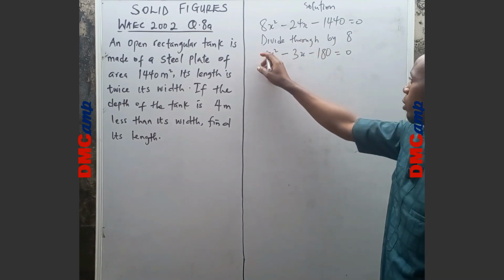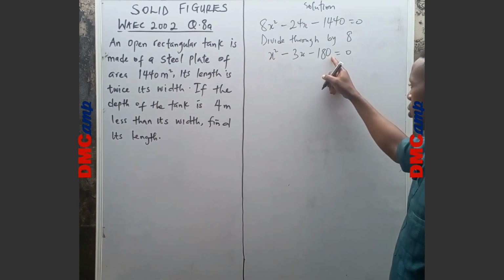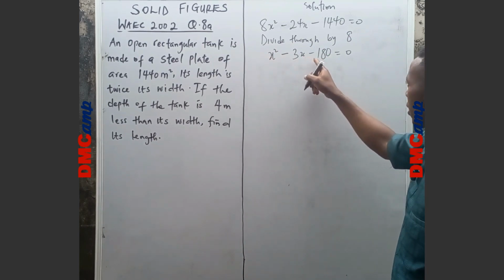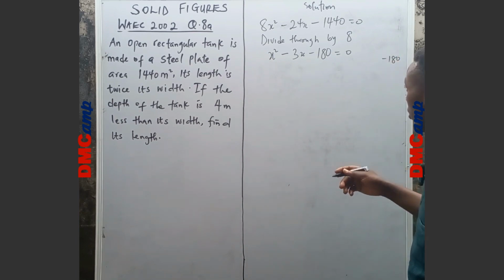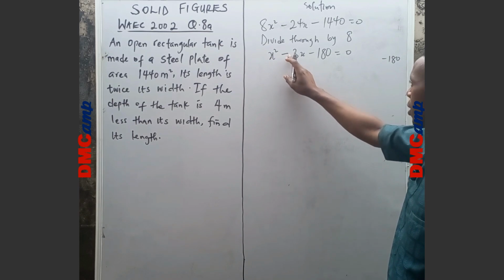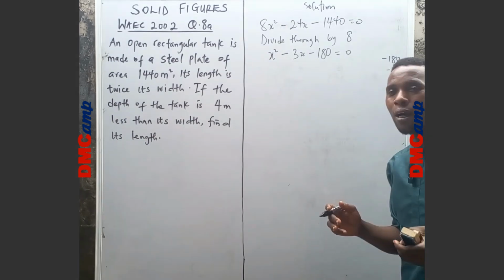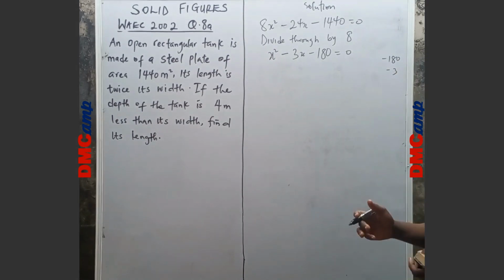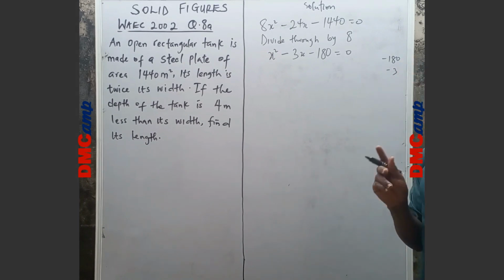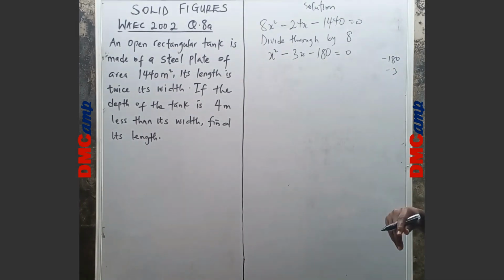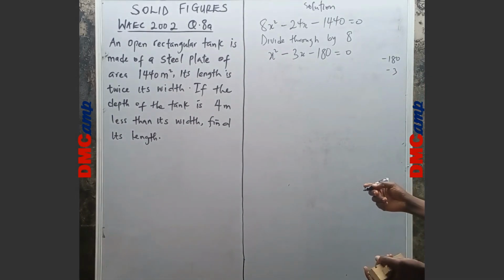Here the coefficient of x squared is 1. The constant here is minus 180. 1 times minus 180 will give us minus 180. Then the coefficient of x here is minus 3. So we are going to look for two numbers that when you multiply them, you will have minus 180, and when you add them, we are going to have minus 3. So let's see the two numbers.